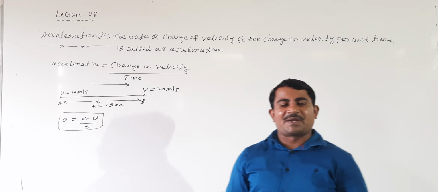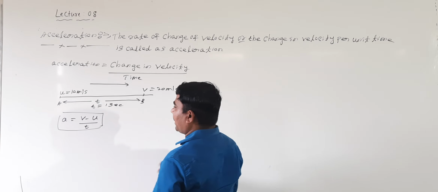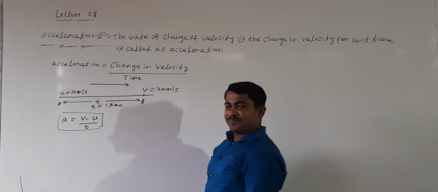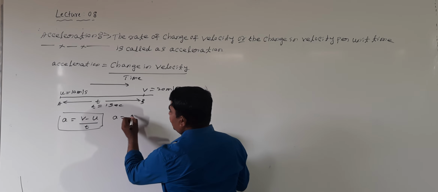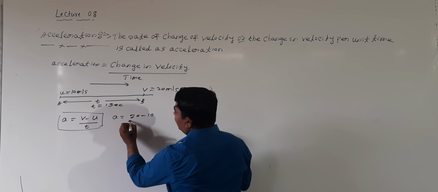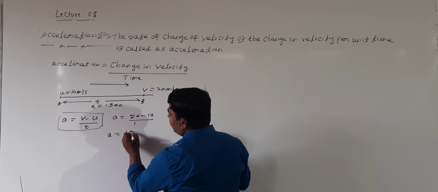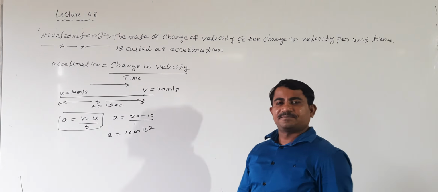Are you following me? Then what is the acceleration formula? A equal to v minus u divided by t. Then acceleration equal to 20 minus 10, whole divided by 1. Then acceleration is how much? Acceleration equal to 10 meter per second square.